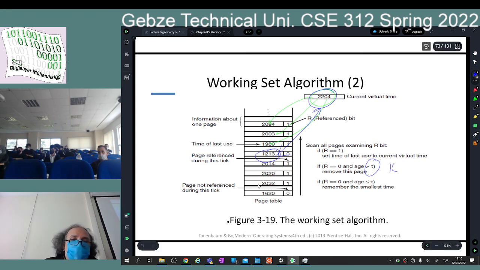If R is 0 and age is less than some value, even though R is 0, I am not going to remove it. So this one doesn't talk about the replacement actually. It says that don't keep any pages in the memory even though I don't need any page replacement.